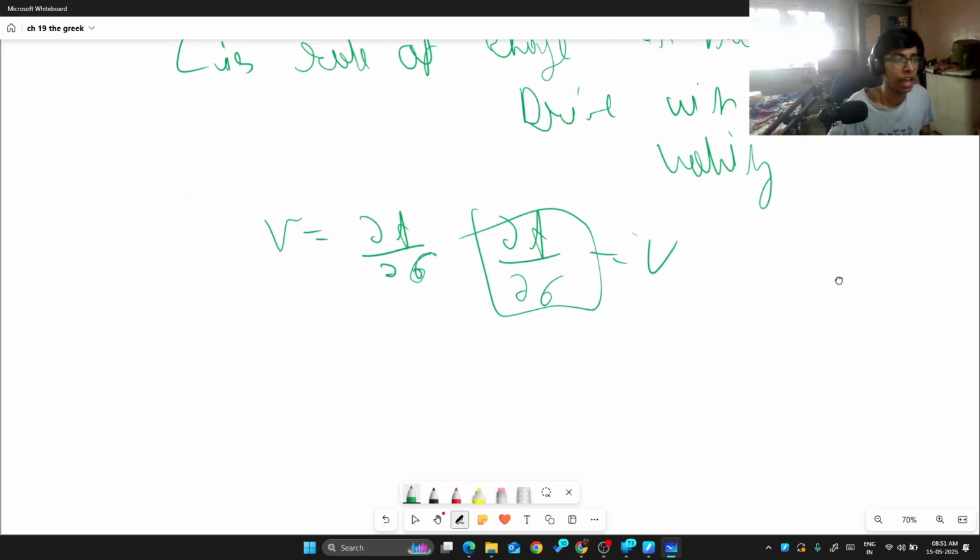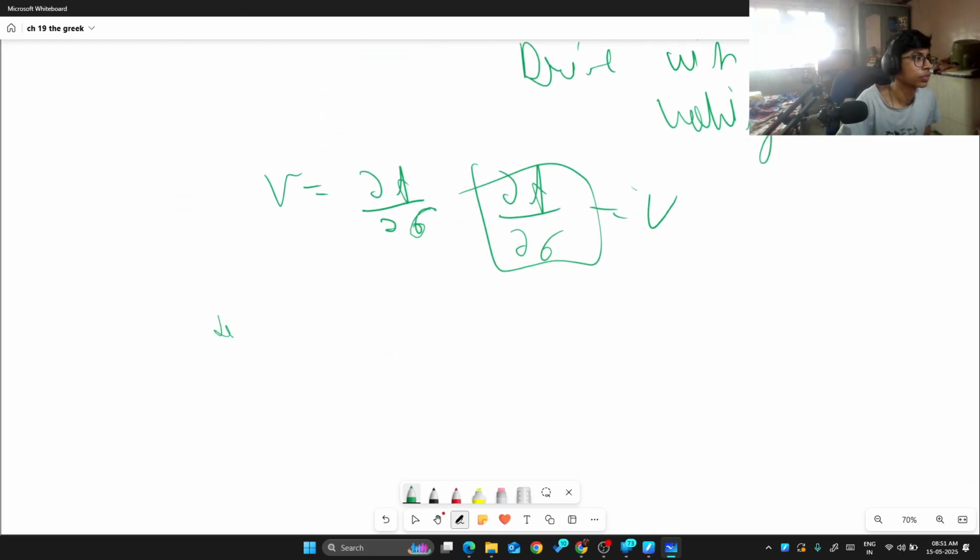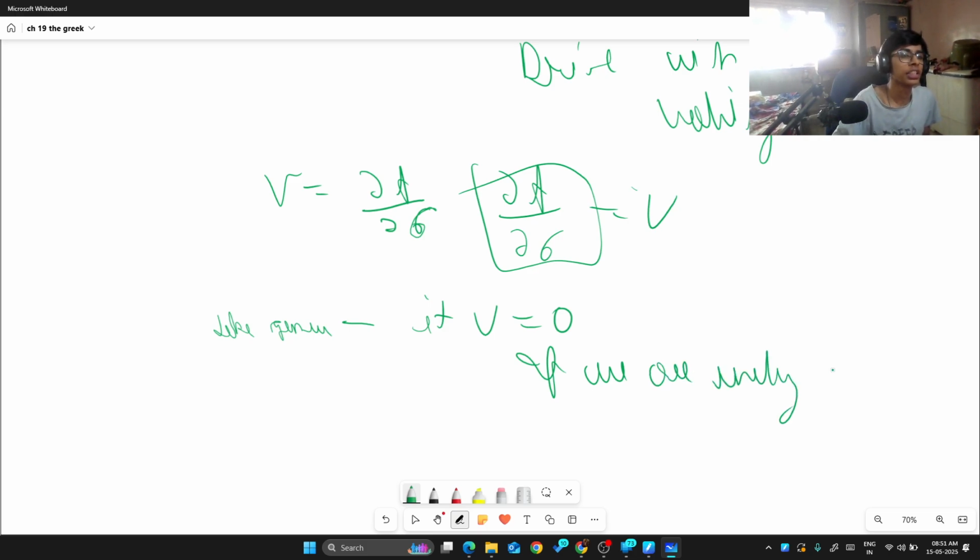So unlike gamma, Vega is 0 if we are holding the underlying asset. Vega doesn't change with respect to the underlying asset.